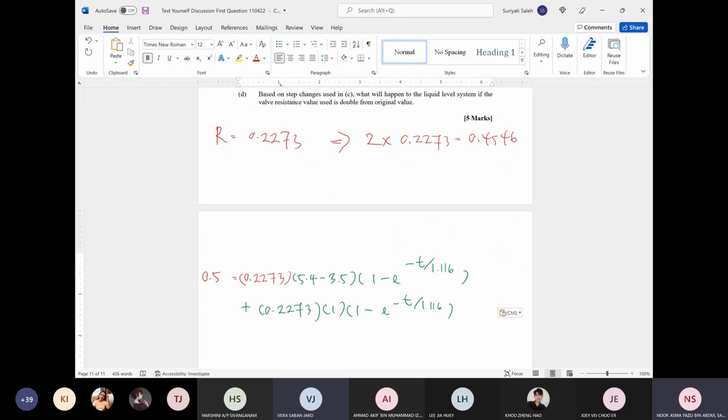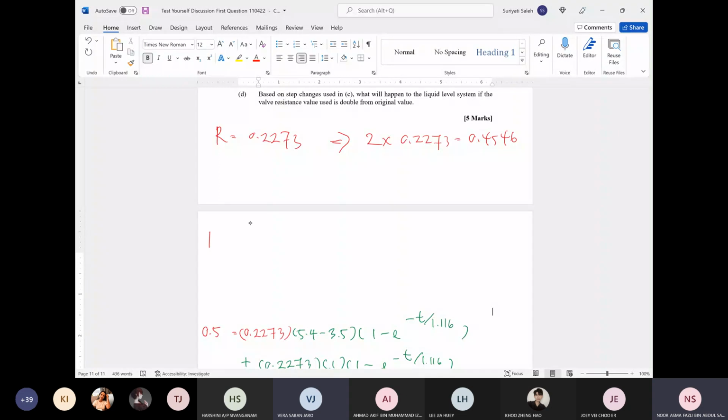Based on our equation, K equal to R and the tau equal to AR. So originally the R here is 0.2273. Now it has been changed to 0.4546.